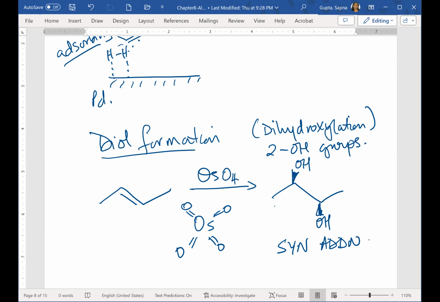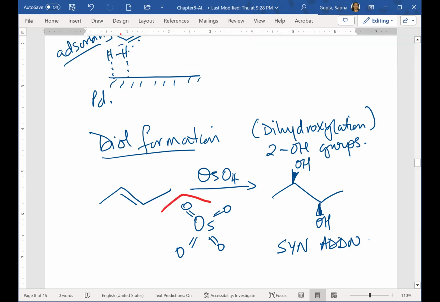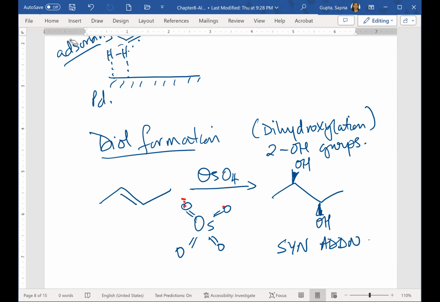So you can see kind of what happens, okay, is that the alkene will come like this and then pick up the two oxygens, and then you have the cleaving of the double bonds with the oxygen and the osmium, and then you end up getting your diol at the end. So again, you can look at Klein for the mechanism if you want to, but that's kind of how it works, okay? And that's how you get the syn addition. I'm going to go ahead and erase this for now.